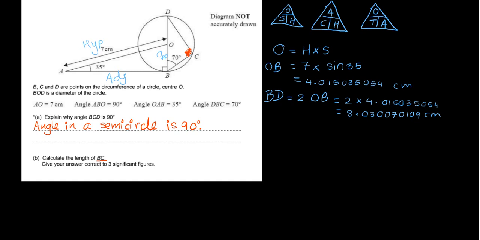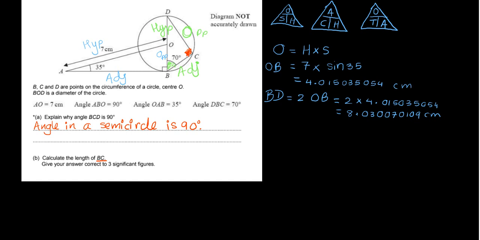Now let me label triangle BDC in green. I've got the angle over here, so that will be the opposite side, which is DC, and BC will be the adjacent side, and DB will be the hypotenuse. Again I have the hypotenuse this time.